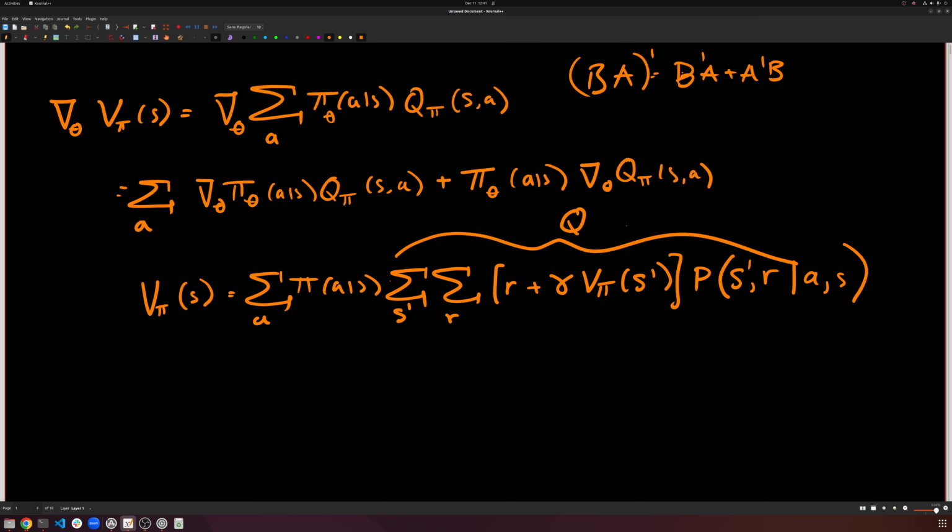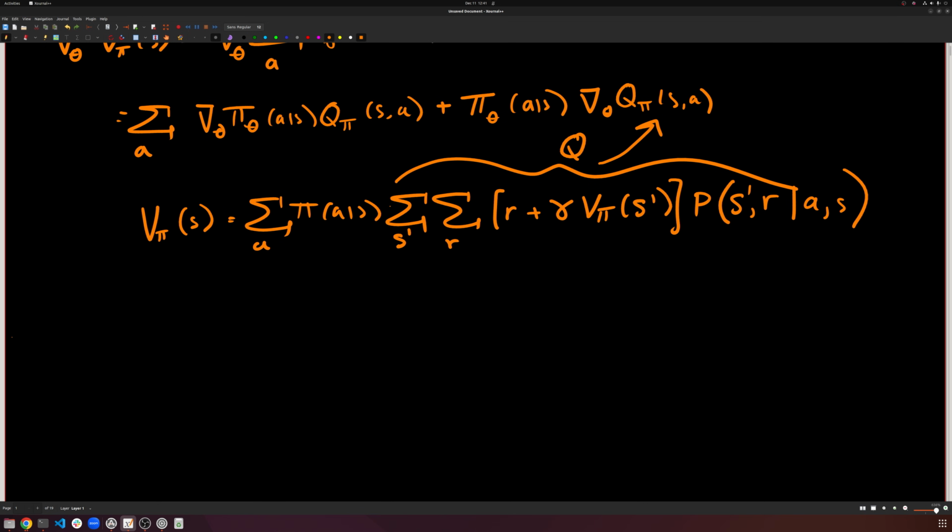So if this is Q, let's plug that in here. We have this first term, and for now we're just going to ignore it. We'll get back to it later and have a shorthand for it, but for now let's keep it as is, to stay close to the official derivations.